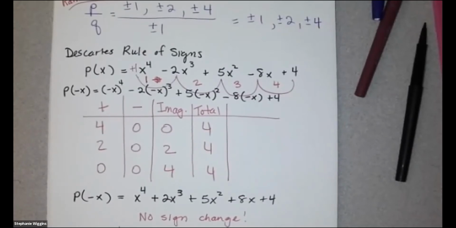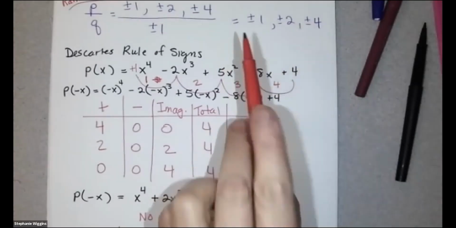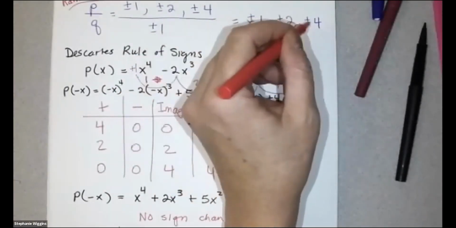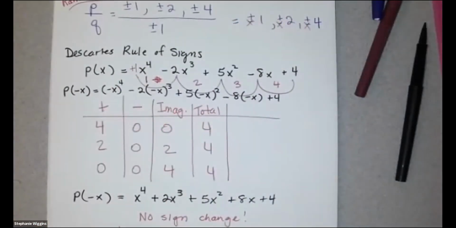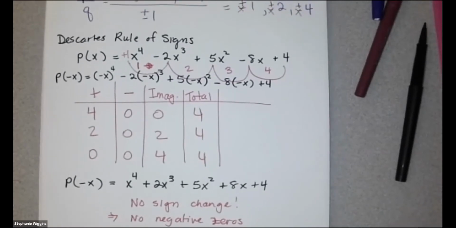And notice that because there are no negative zeros, remember, this is my possible list right here. Okay? I can eliminate those negative ones because there are no negative zeros. Okay?